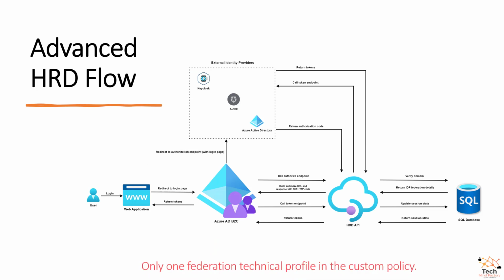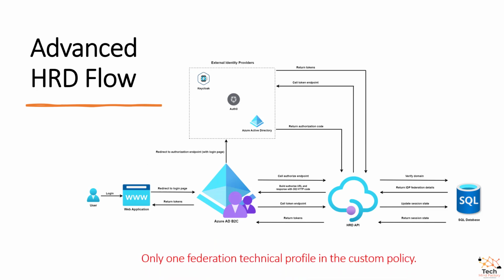Now, why am I talking about it? Because using this information, this approach, we can build an advanced home realm discovery flow. With the advanced home realm discovery flow, we have only one federation technical profile in the custom policy, which I will show you.